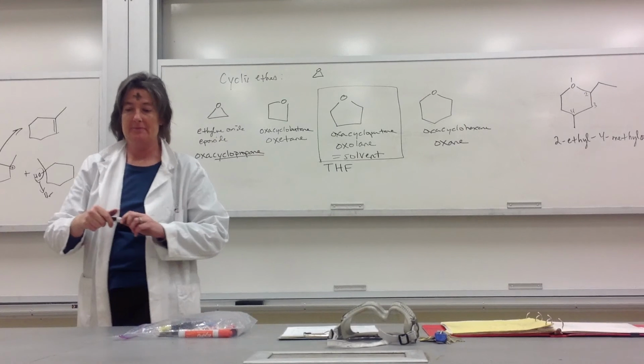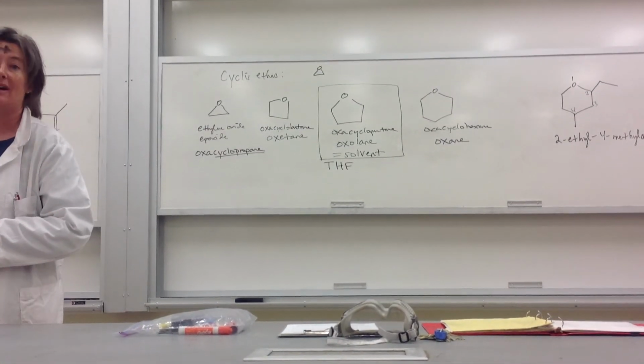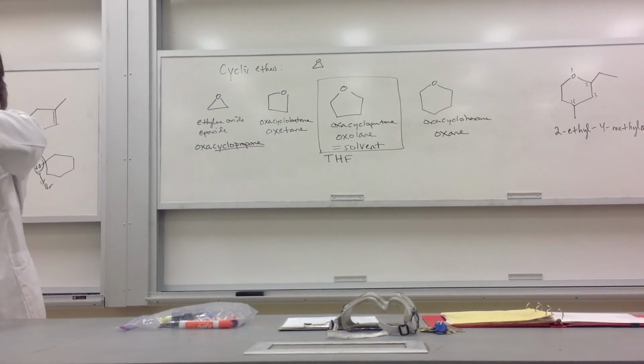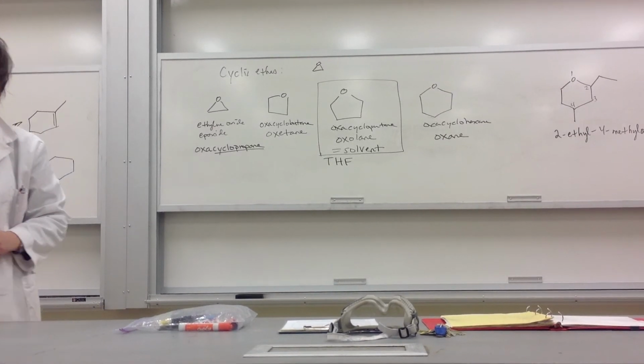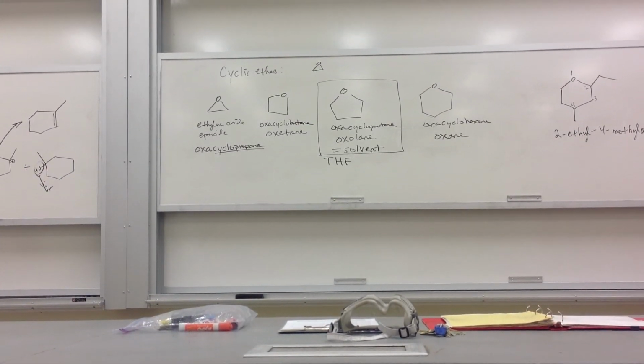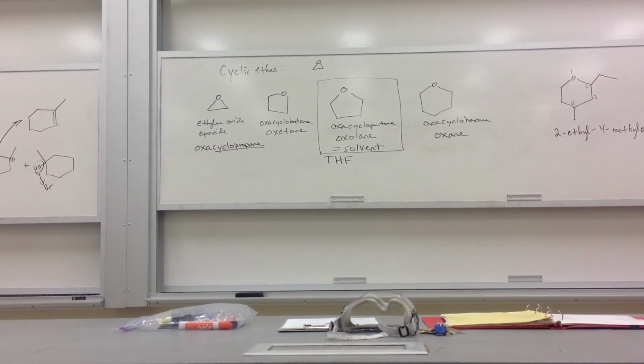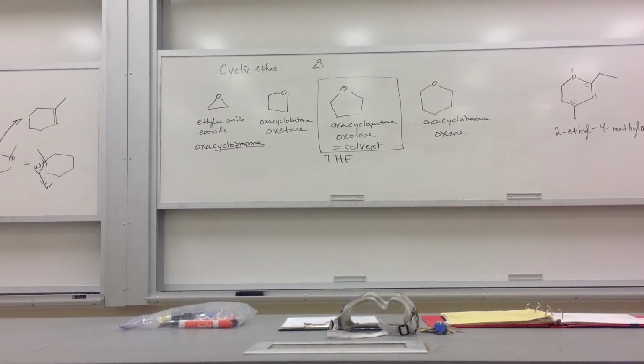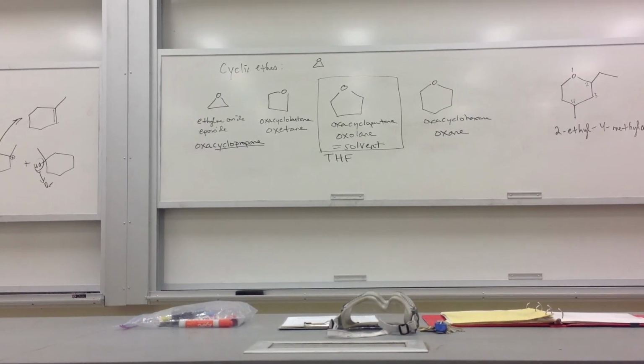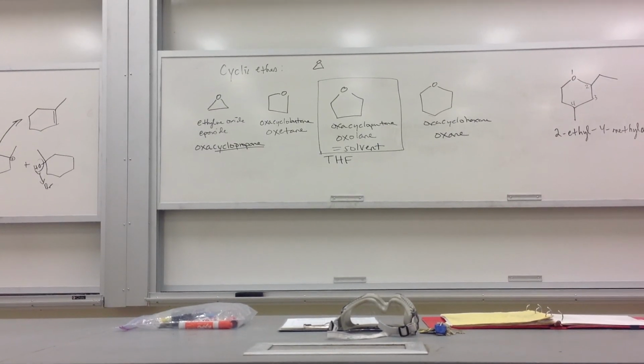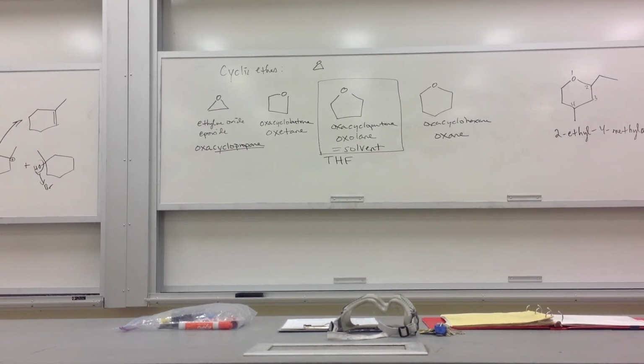A still is a giant distillation apparatus, huge, like the round bottoms this big, like giants. You put in the bottom of the still a metal, sodium, I think we use sodium in our lab. What that metal does is it reacts with any water that's in the ether and destroys water, so it's a way of keeping your ether really, really dry.